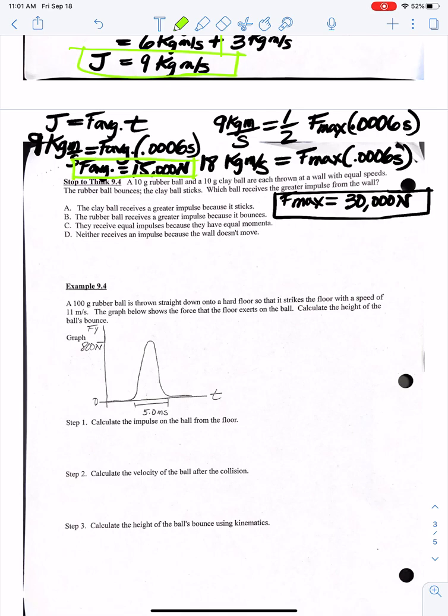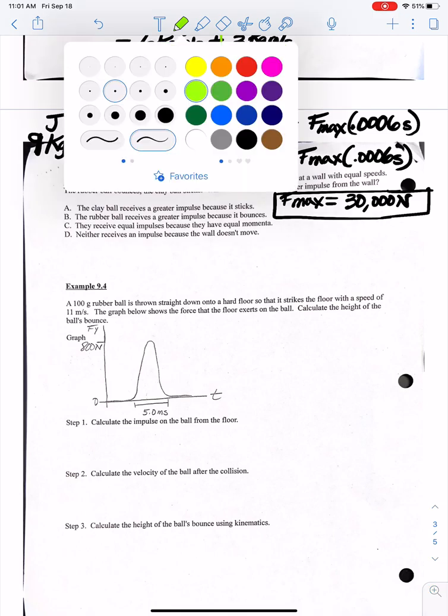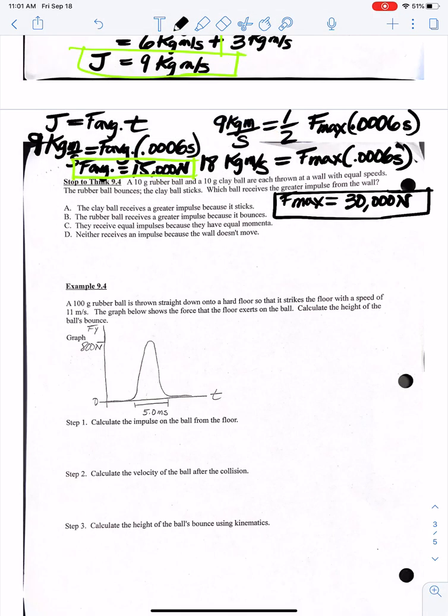All right, so in this example, I think once again, it's easier if you look at it mathematically, if you can't see that the rubber ball ends up winning out here. I think it's probably best to draw a picture too. So you have a ball that's flying at a wall at an initial velocity of, we'll just call it, negative 10 meters per second. I'm just making something up there.